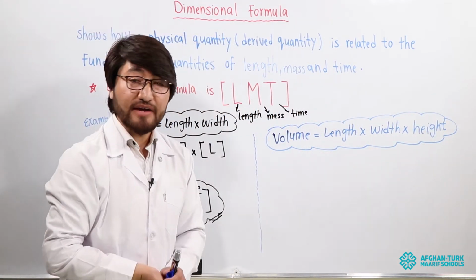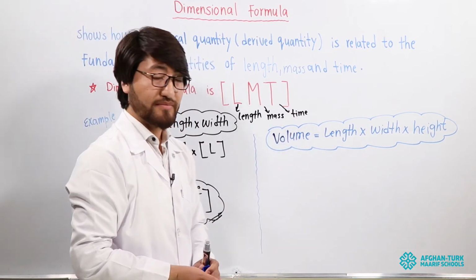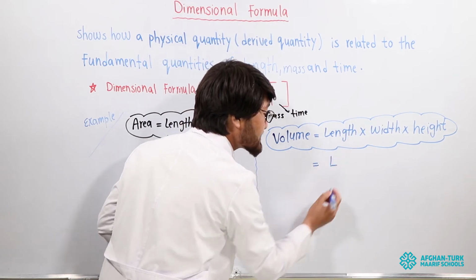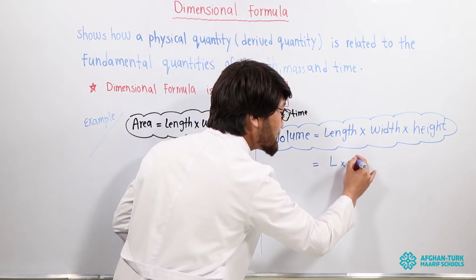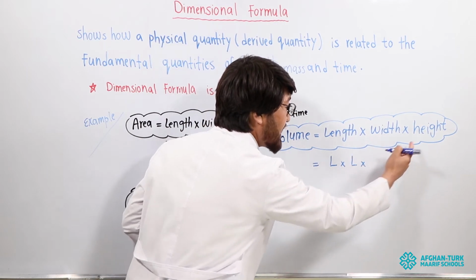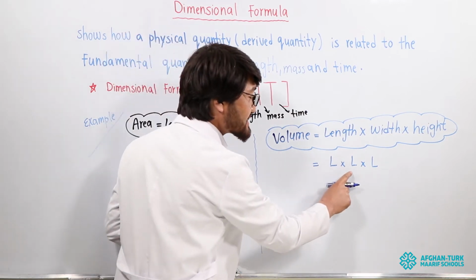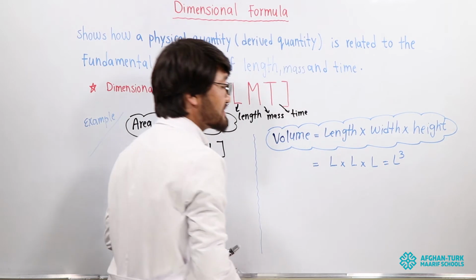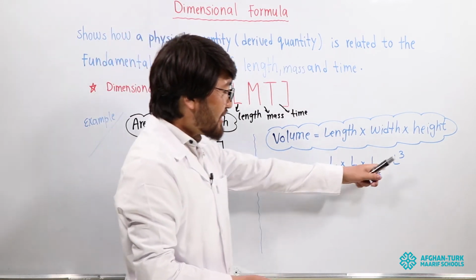Now I will find the dimensional formula for volume. Length is L, width is also length, and height is also length. Length times length times length is equal to L to the power of 3.